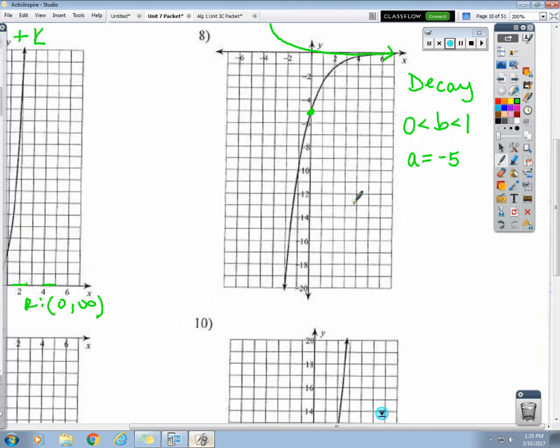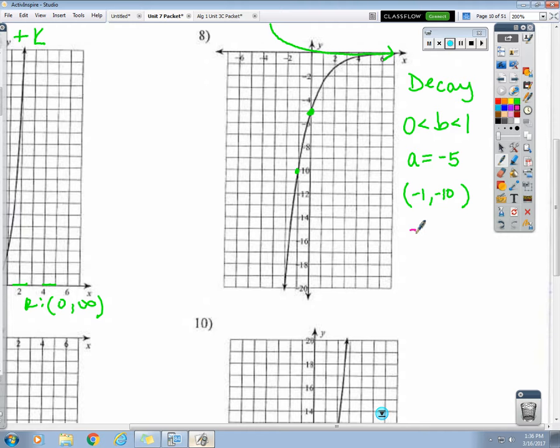Okay, so it went down there. What point would you like to use? -1, -10. That looks like, because there's really nothing over there that goes perfectly through. And so -1, -10.